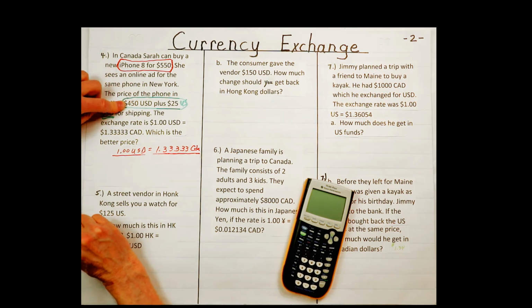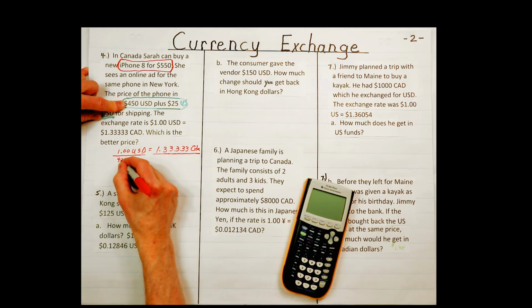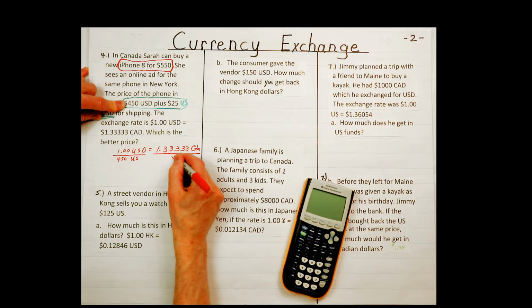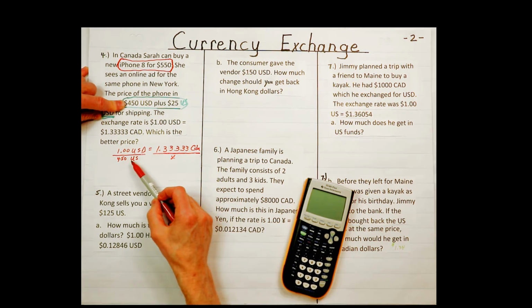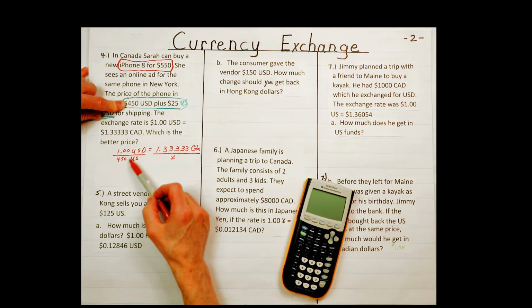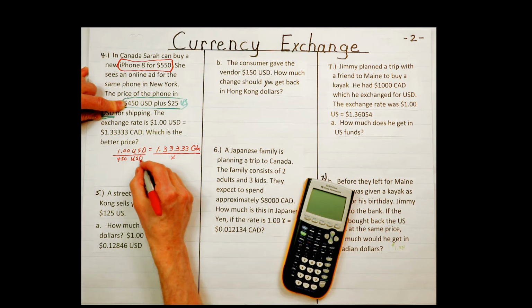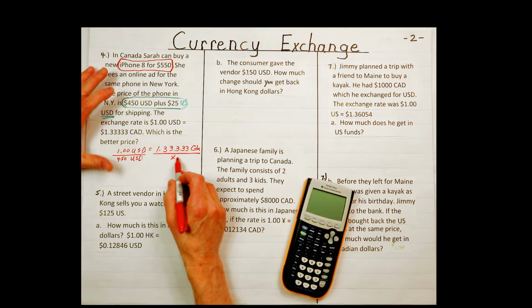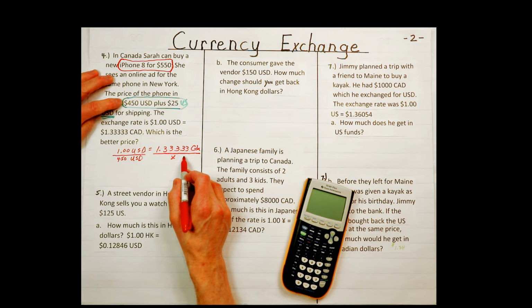And what we have to do is take the $450 US and change it to Canadian. So the 450 is going to go with the $1 US, the US dollars with US dollars. And the X is going to be with the Canadian dollars.